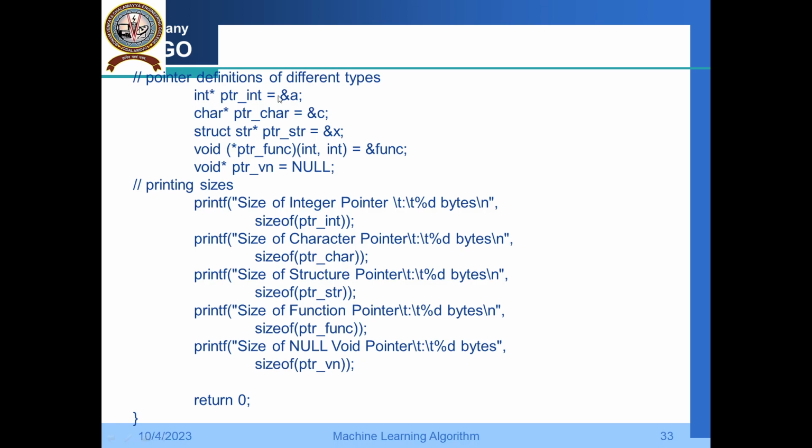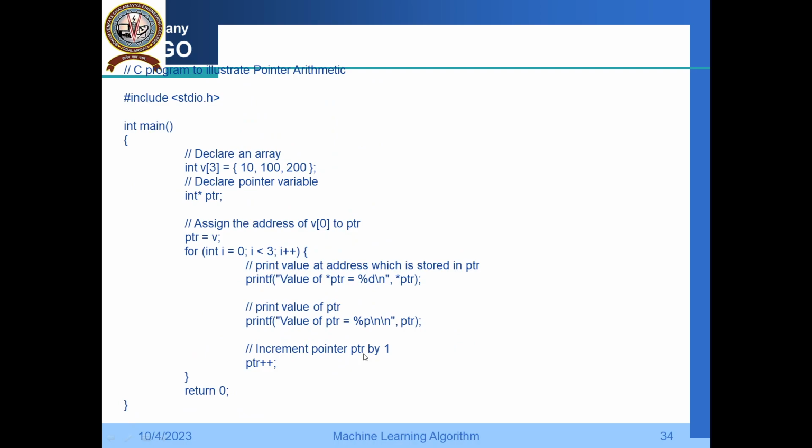Then pointer definitions of the different types: an int pointer to a, a char pointer to c, a structure pointer to x, and a function pointer. Then we print the sizes using sizeof: the size of the int pointer, the size of the char pointer, the size of the structure pointer, the size of the function pointer, and so on. Run this program in Code::Blocks and you can get the output.